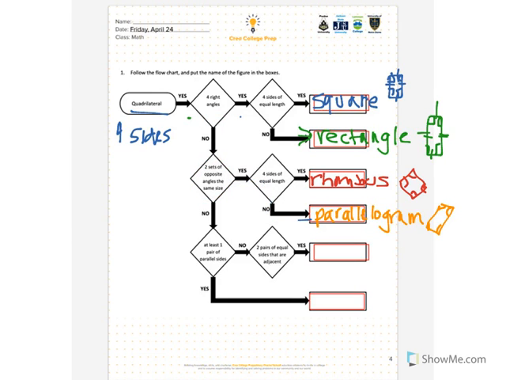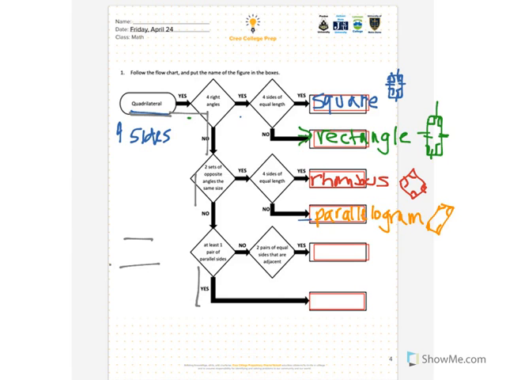Again, we're starting with our quadrilateral. What color have I not used? Gray. We know it has 4 sides. Okay, 4 right angles? No. Does it have 2 sets of opposite angles that are the same size? Still no. Okay, it has at least 1 pair of parallel sides. That means 1 is parallel, doesn't mean both.